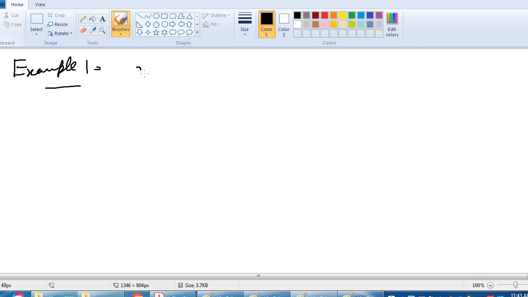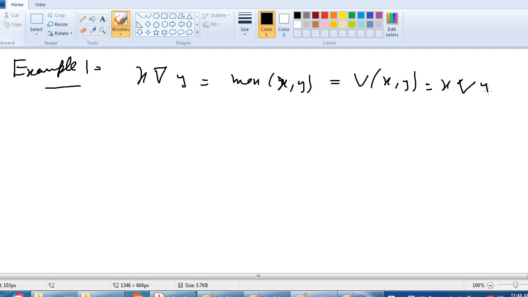If we take x nabla y is equal to max of x, y, or we can say x max y. Now we find the nabla implication x to y.